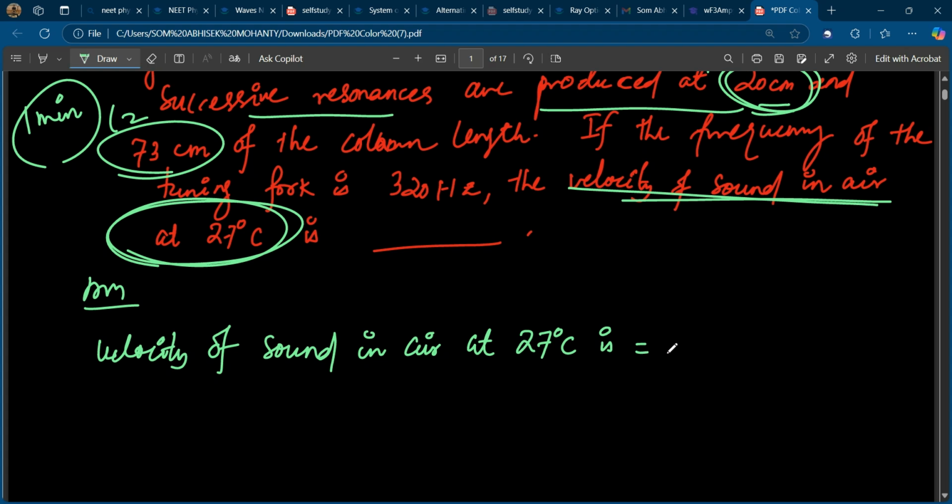The formula is velocity v is equal to 2ν(L2 minus L1), or 2f(L2 minus L1).